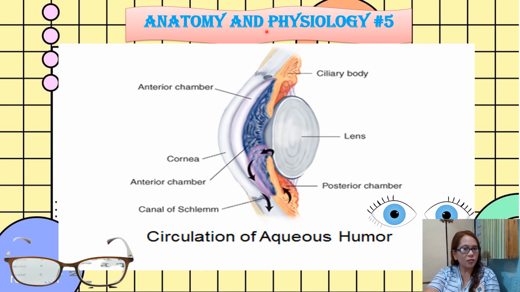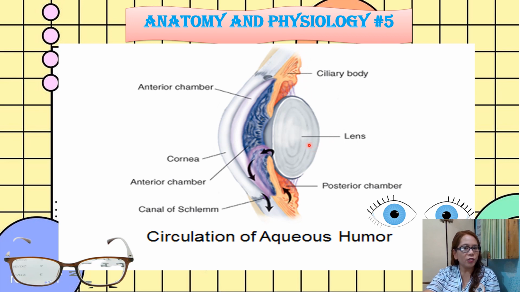So, yan. So, paano ba siya? So, your aqueous humor is produced by the ciliary body, no? And it circulates from the posterior chamber through the pupil, okay, into the anterior chamber, and it drains through the canal of Schlemm, okay?